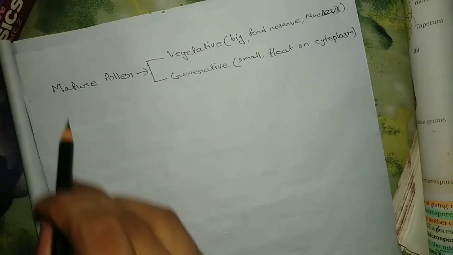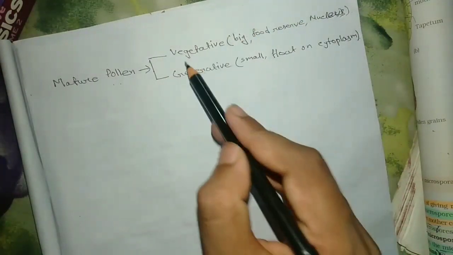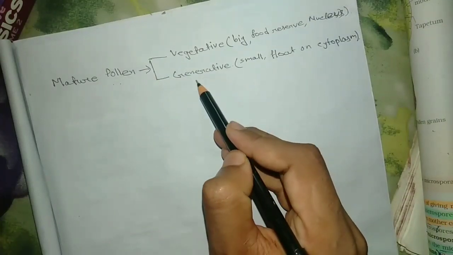When a pollen grain matures, then two types of cell are made. One is the vegetative cell and the second is the generative cell. In a mature pollen, I have told you there are two types of cell, vegetative and generative.